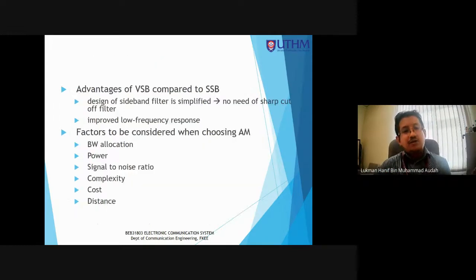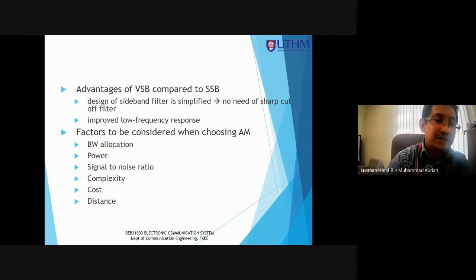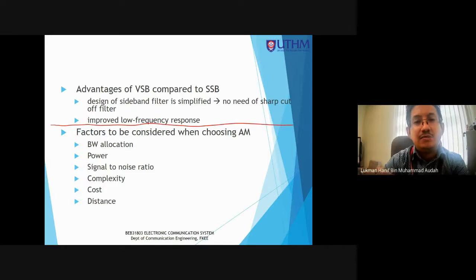Okay. So advantage of VSB compared to SSB, the design of filter is simplified, no need sharp cut off, improve low frequency response. Okay, so this is among the advantage of vestigial sideband berbanding dengan single sideband.